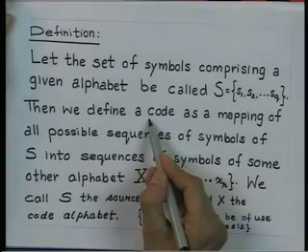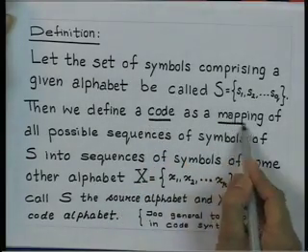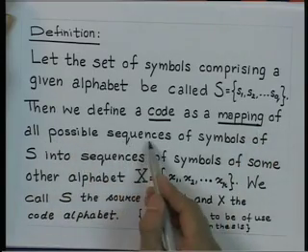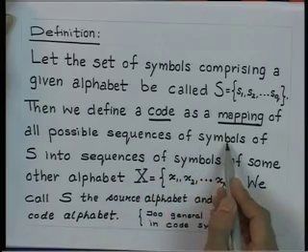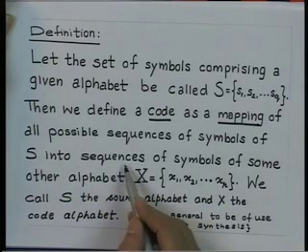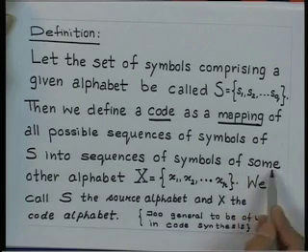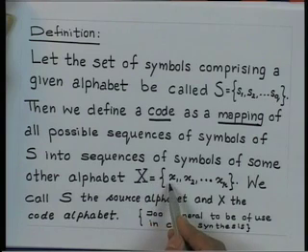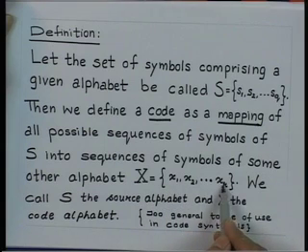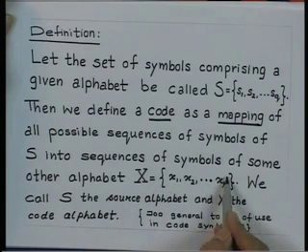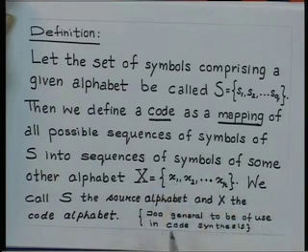Then we define a code as a mapping or transformation or representation of all possible sequences of symbols of the source alphabet S into sequences of symbols of some other alphabet X. This alphabet X consists of R symbols or R letters, and these symbols or letters of alphabet X are known as code letters or code symbols.